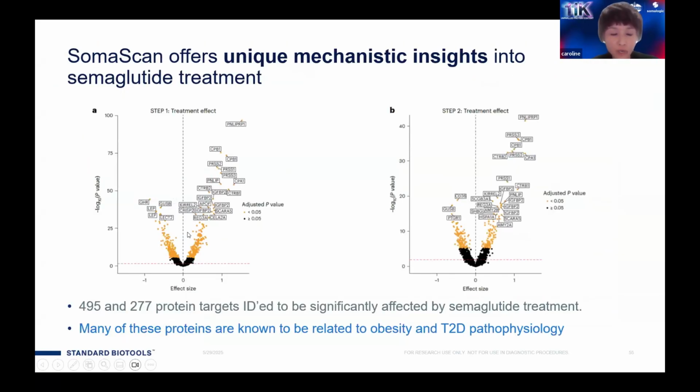Here are the volcano plots demonstrating that they are able to identify 495 and 277 protein targets that are significantly affected upon semaglutide treatment in the two trials. Many of these proteins are known to be related to obesity as well as type 2 diabetes pathophysiology.